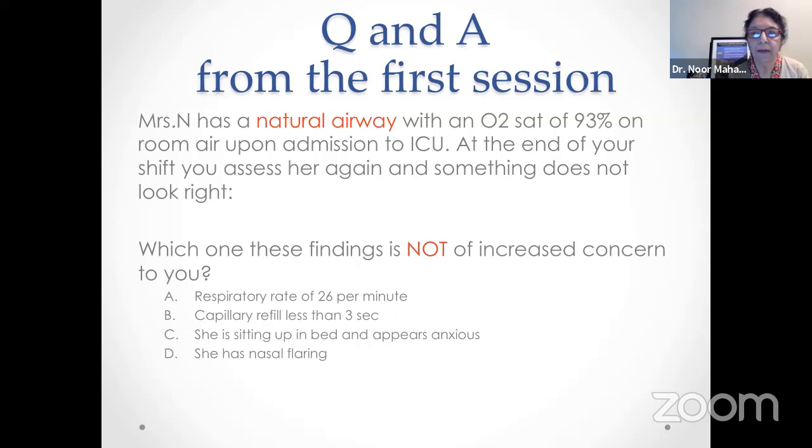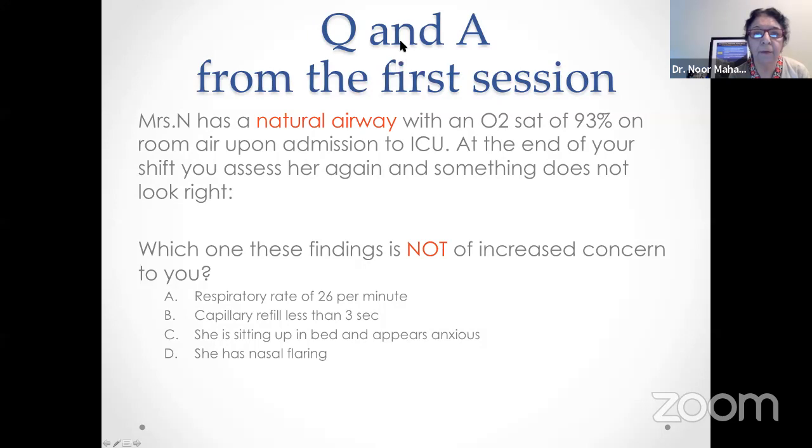This is the question that was from the last session: Mrs. N has a natural airway, O2 sat was 93 on room air upon admission to ICU. At the end of your shift, you assess the patient, and now you have these 4 issues. Which one of these is not of increased concern to you?